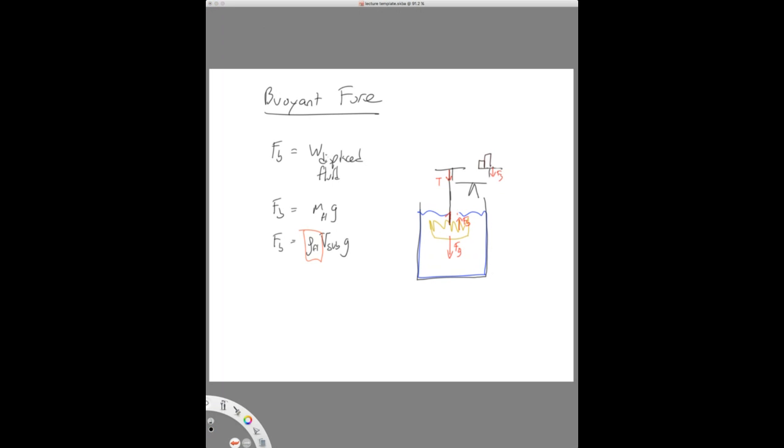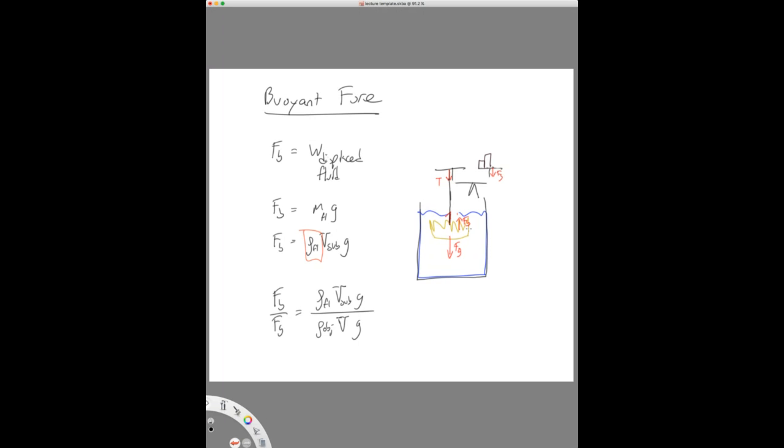So let's work with the equation and see what happens. If we take the buoyant force divided by the force of gravity, the buoyant force would be the density of the fluid times the volume submerged times g. And the force of gravity would just be the density of the object times the total volume times g.